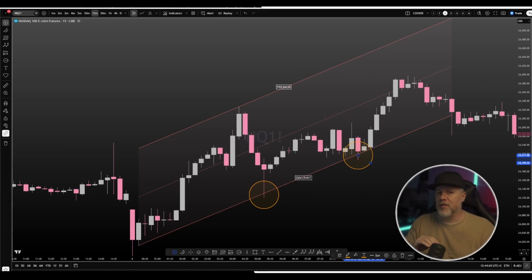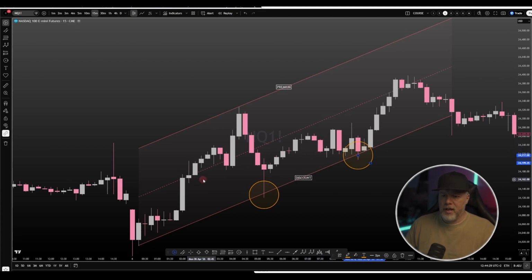Most retail traders do this backwards. They see price going up and they buy at a premium. Then they get stopped out once price pulls back to the discount, which is exactly where professionals were looking to buy. I'll use these terms pretty much in every episode, so it's a really good thing to know.